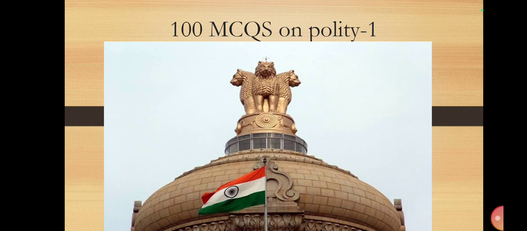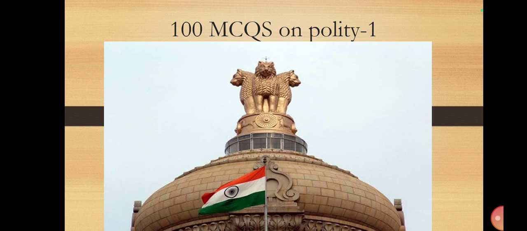A person shall be disqualified for being chosen as or being a member of the municipality if he is so disqualified under any law for the time being in force for the purpose of elections to the legislature of the state concerned, or under any law made by the state legislature. The state legislature may make provision with respect to all matters relating to the elections to the municipalities.